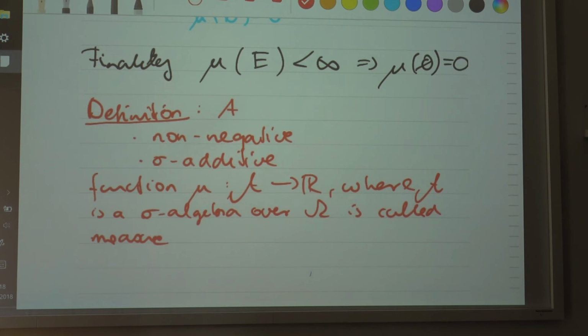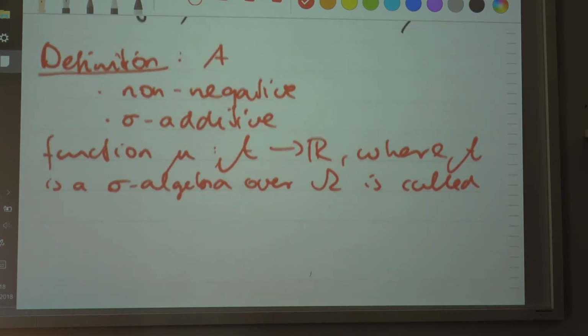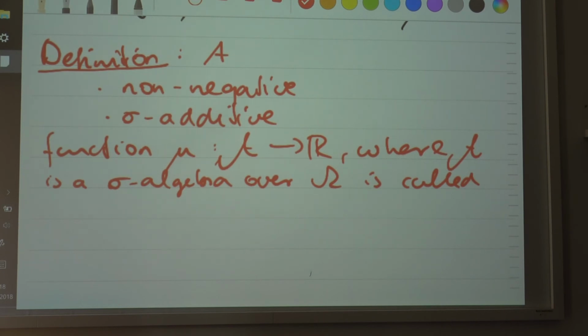Okay, this is the concept that I'm defining here. So a non-negative and sigma-additive function on the sigma algebra over a set omega is called a measure.